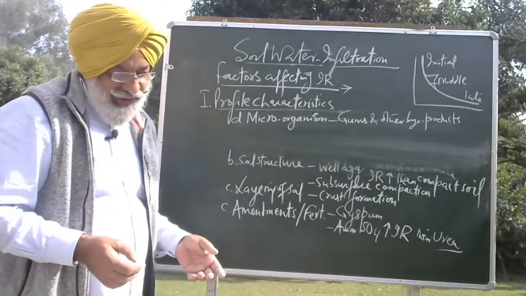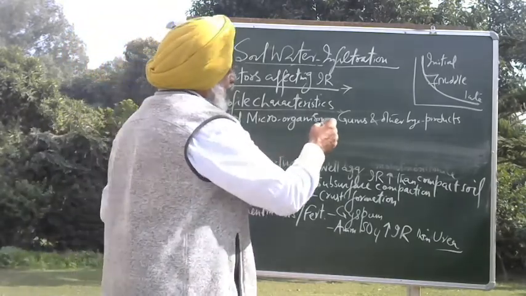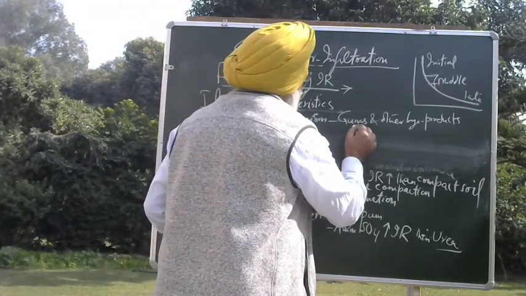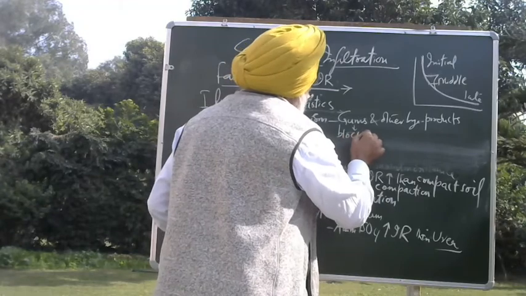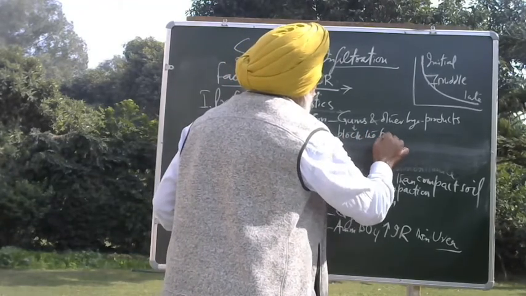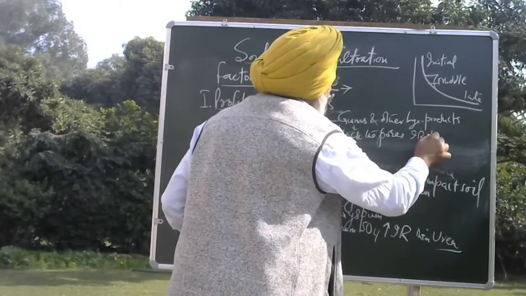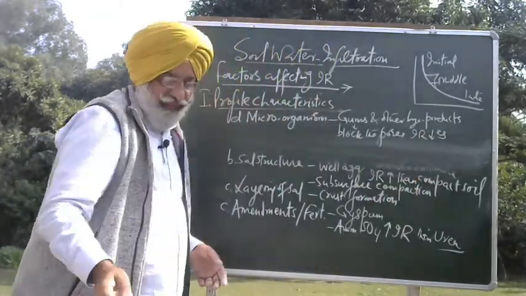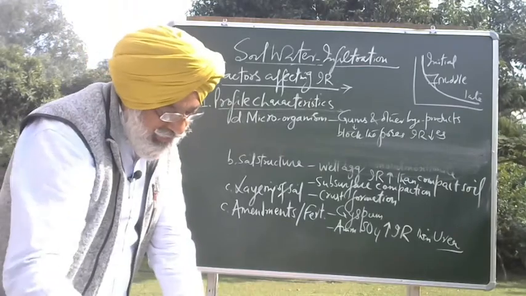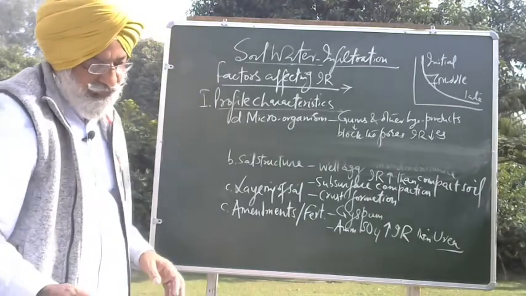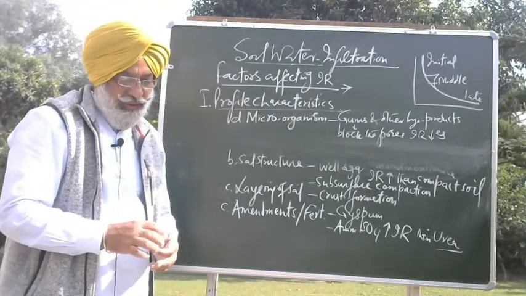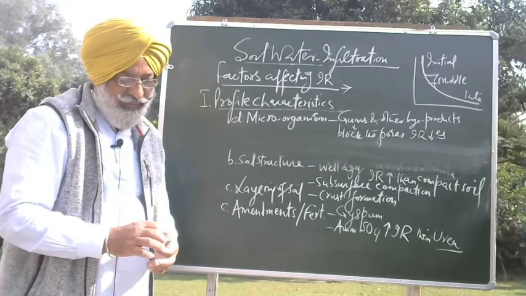And at the same time, these gums may also block the pores. If they block the pores, then infiltration rate decreases. So this is in fact a very important process.